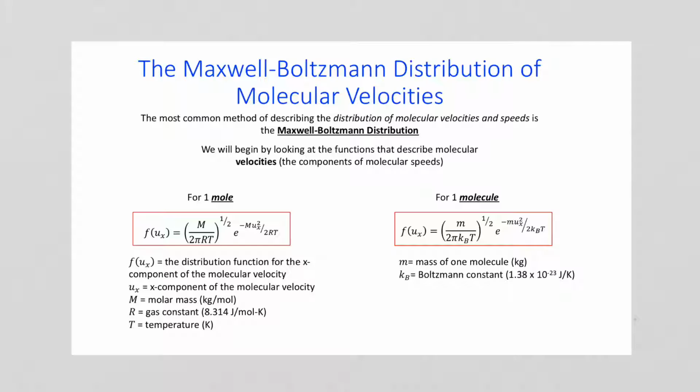And then our R is going to be replaced by our Boltzmann constant, which is 1.38 times 10 to the minus 23rd joules per Kelvin. We still have our Gaussian function over here, where we've replaced the big M again with our little m, and our big R with the Boltzmann constant. Same but different.